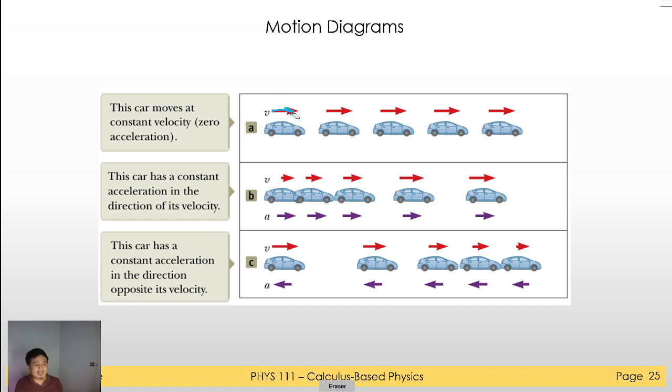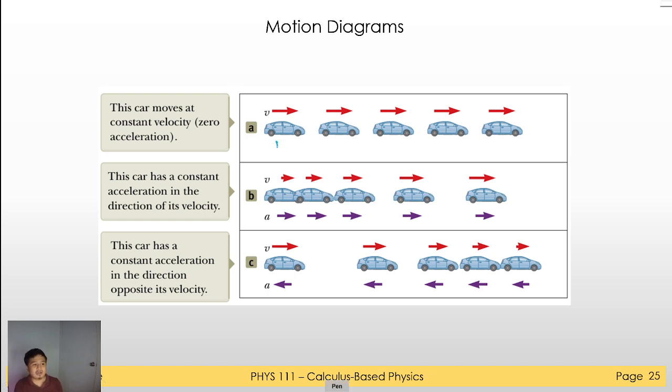The length of this arrow is the magnitude of your velocity, v. Since the length of this arrow is constant, we could say that the velocity is constant, and it is also evenly spaced.